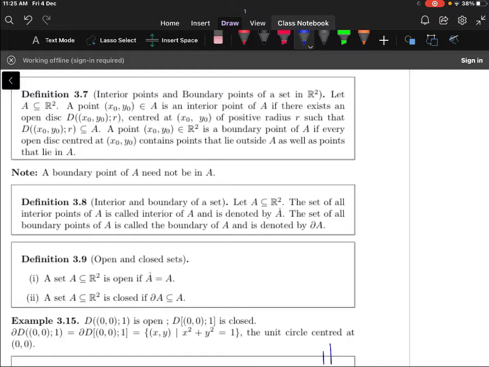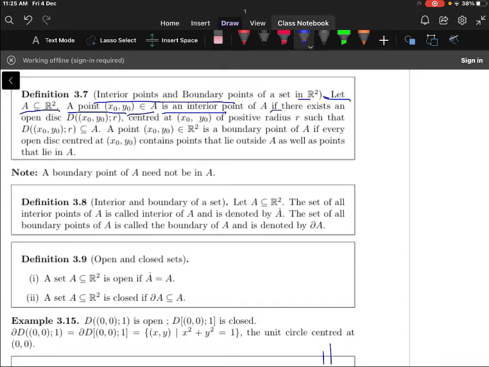Now let us move to the definition of interior points and boundary points of a set in R2. Let A be a subset of R2. A point (x0, y0) belonging to A is an interior point of A. When do we say (x0, y0) is an interior point of A?